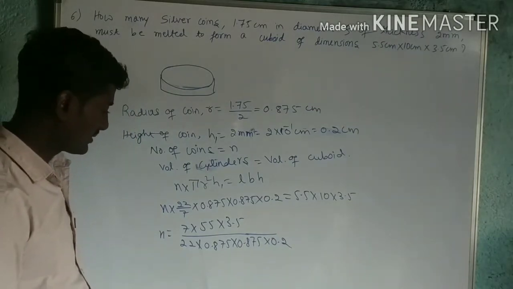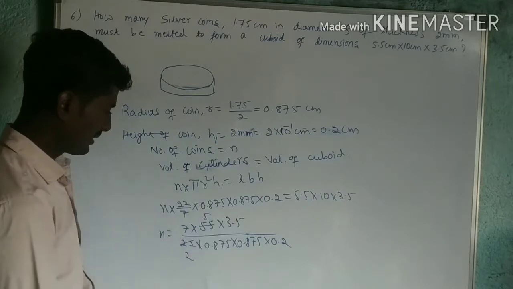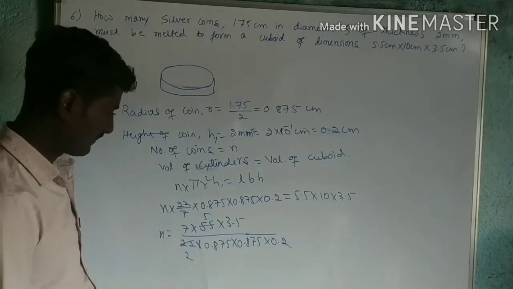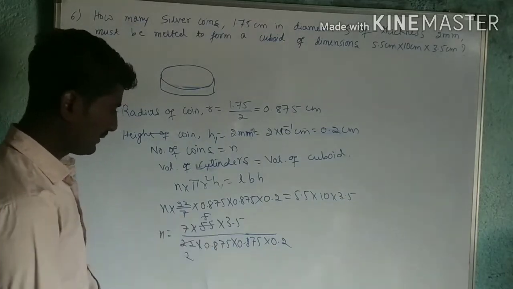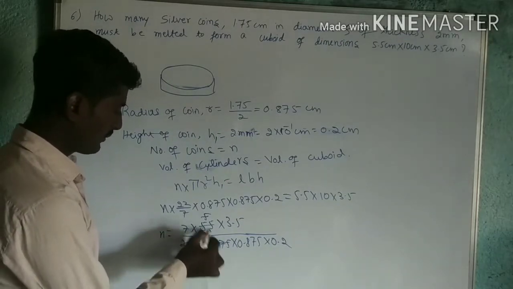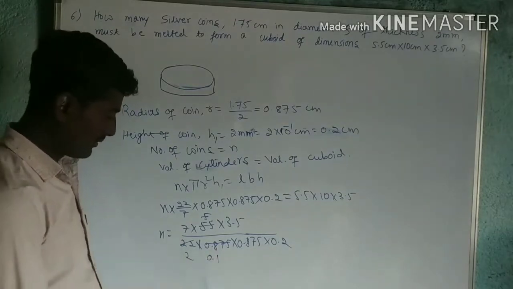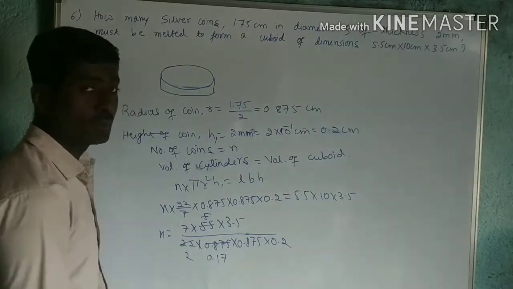Let us divide this. 11 2s are 22, 11 5s are 55. Then 5 1s are 5, carry 3, 37. 5 7s are 35, carry 2, 25.